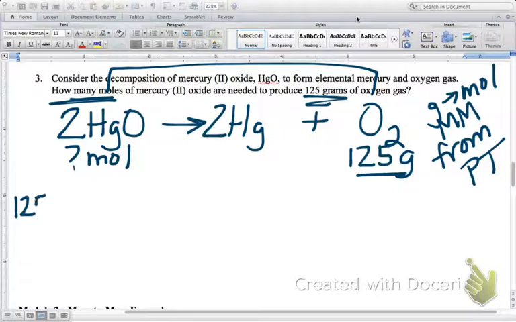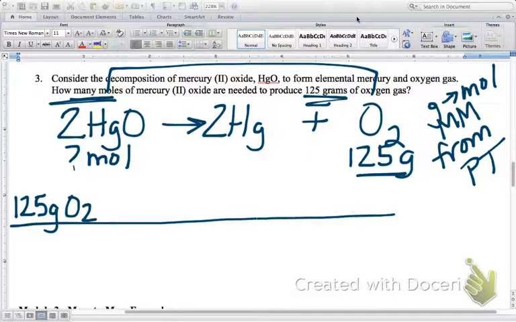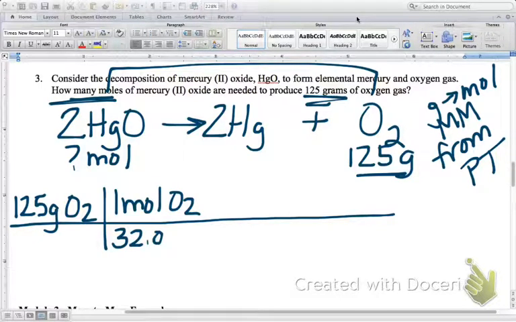So we start with 125 grams of oxygen. We've got to convert that to moles using the molar mass of oxygen. 1 mole of oxygen has a molar mass of 32.00 grams. Okay? I just get the molar mass of oxygen off the periodic table, which is 16, multiplied by 2 because there's a subscript of 2.